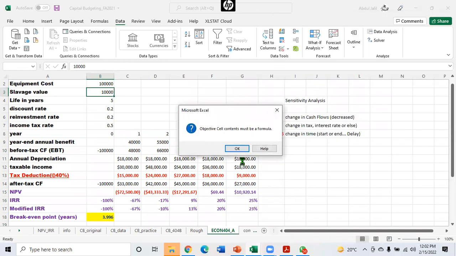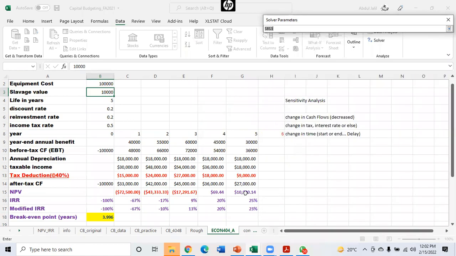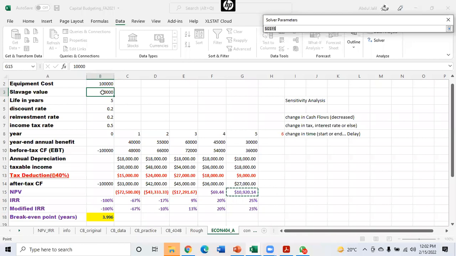Okay, the objective cell is not a formula. This cell is not a formula, because it needs a formula cell to make the adjustment. So let's suppose we make this adjustment in a formula cell, and this is possible. Here we will take this NPV, and we go for maximum NPV. We will get the maximum amount of NPV by using this salvage value.